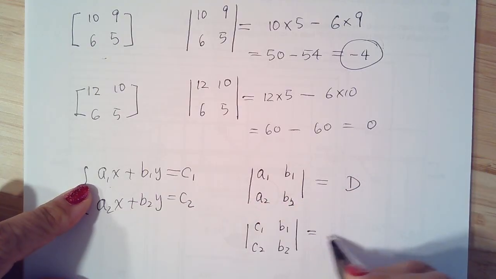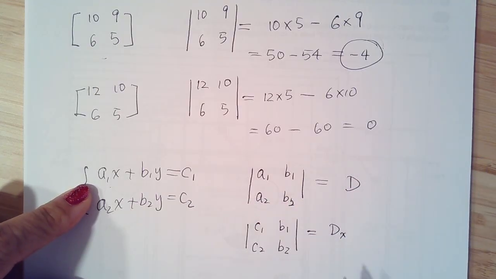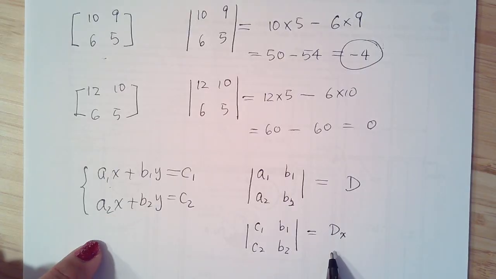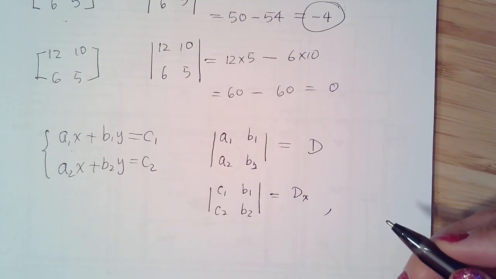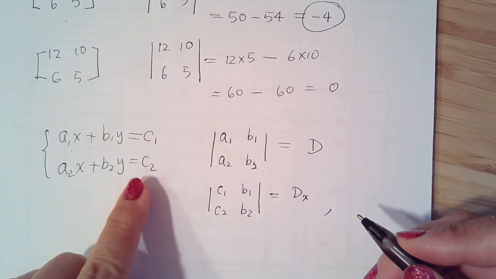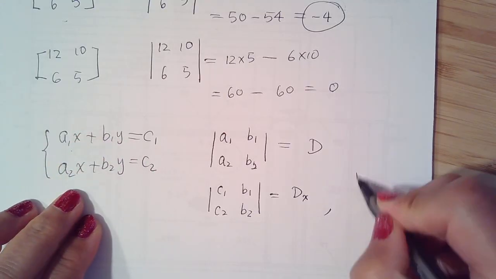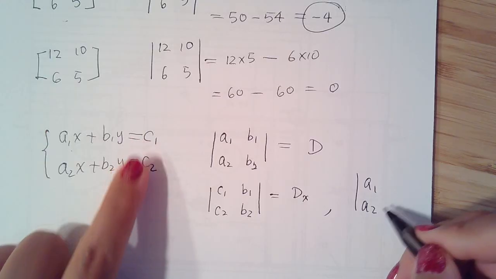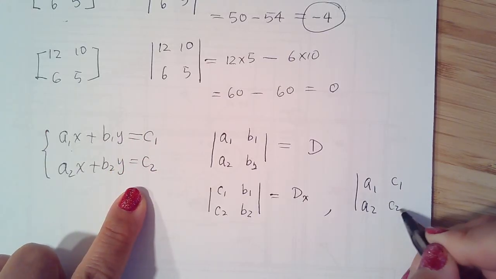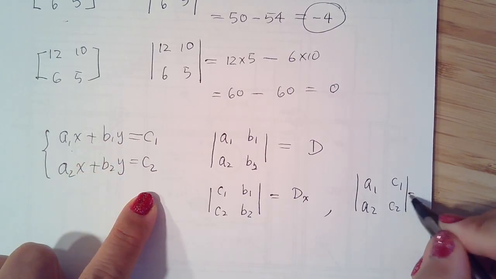We will call this Dx. That means you're using the constants to replace the coefficients of x. And of course, the other one is Dy. You know what Dy is, right? So we use C1, C2 to replace the B column: A1, A2 stay, but I use C1, C2 instead of B1, B2, and I call this Dy.